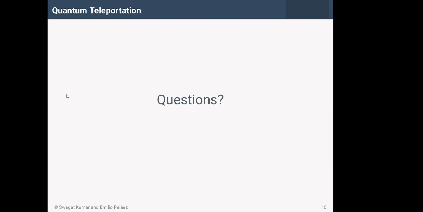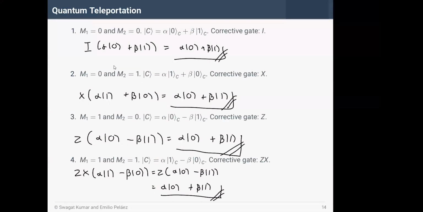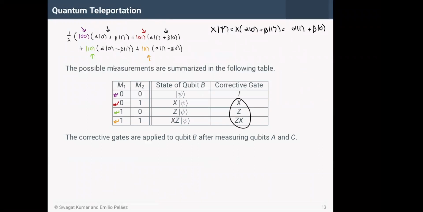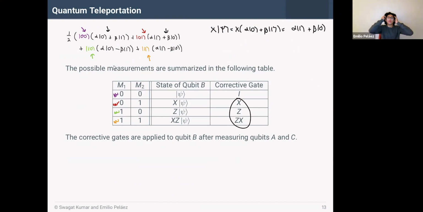Yeah, can you go through again the corrective phase after the measurement? Okay, so we need the corrective gates because we have these possible states, the ones noted here. Remember that the state to send is psi, which is just, again, an arbitrary state, alpha 0 plus beta 1.